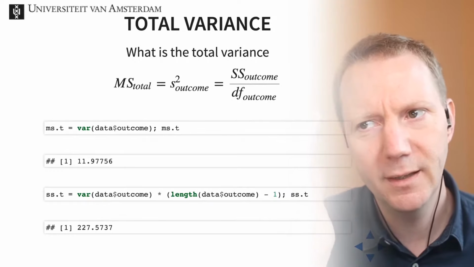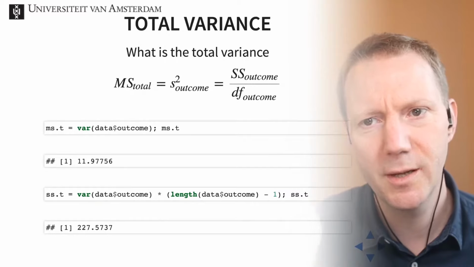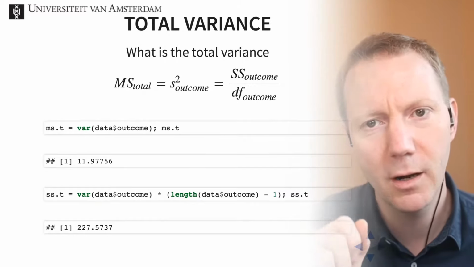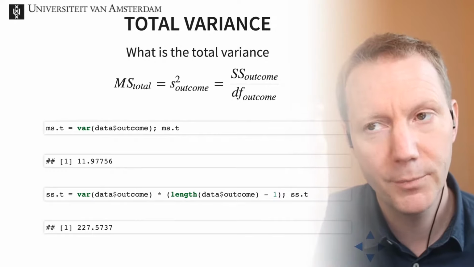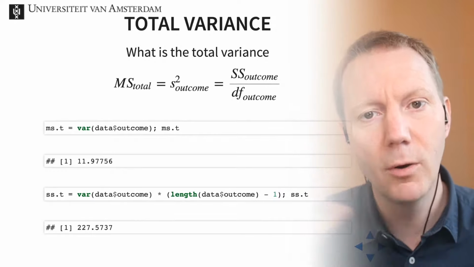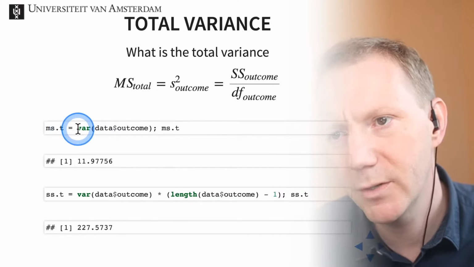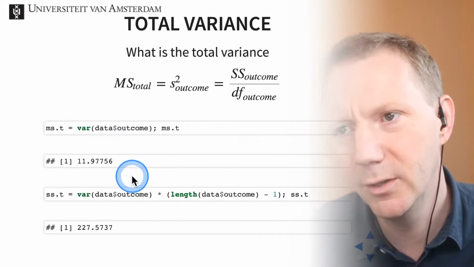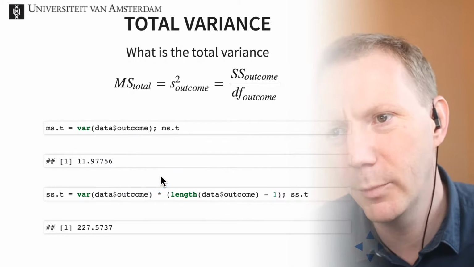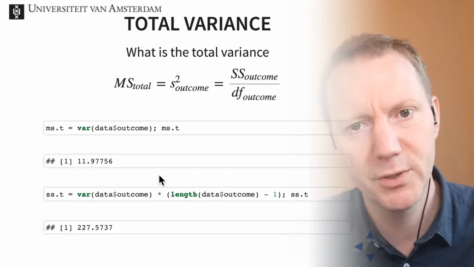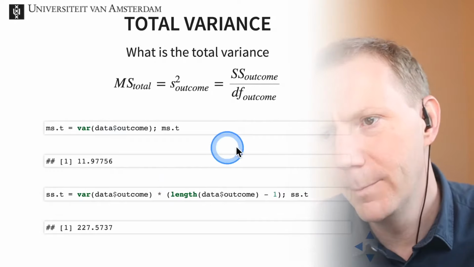The answer to this question is just applying the variance function in R to that variable, and then you know how much variance there is. Applying this variance function will yield 11.9 as the average dispersion within these groups.